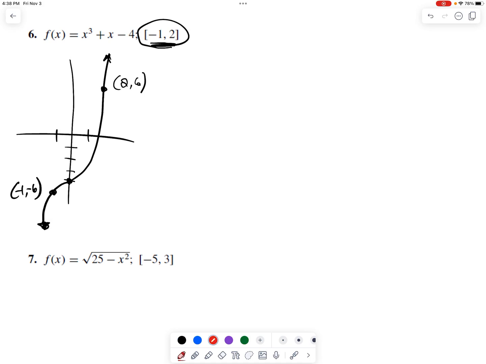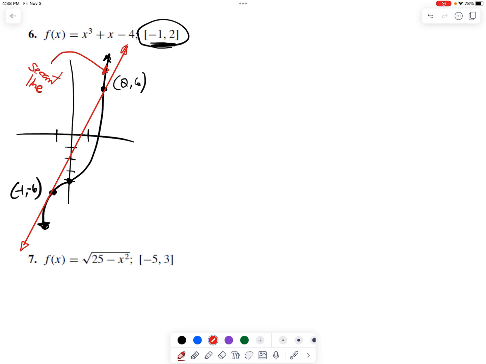So here's what's happening with the mean value theorem. Between those two points, if the conditions are met, I can put in a secant line here in red. And that has a certain slope. It looks like it's sloping upward.